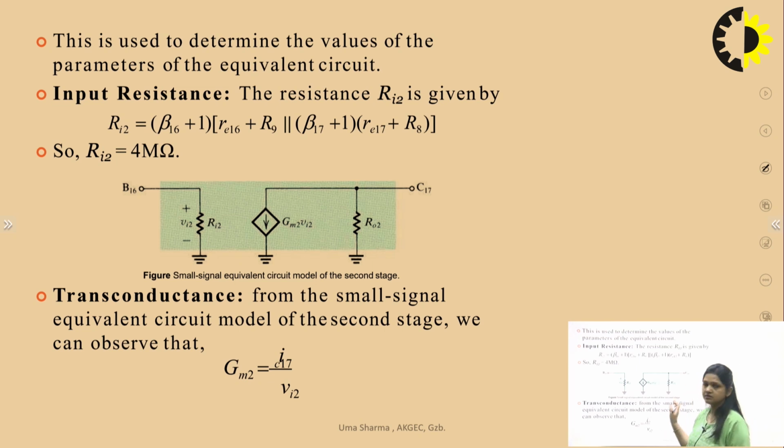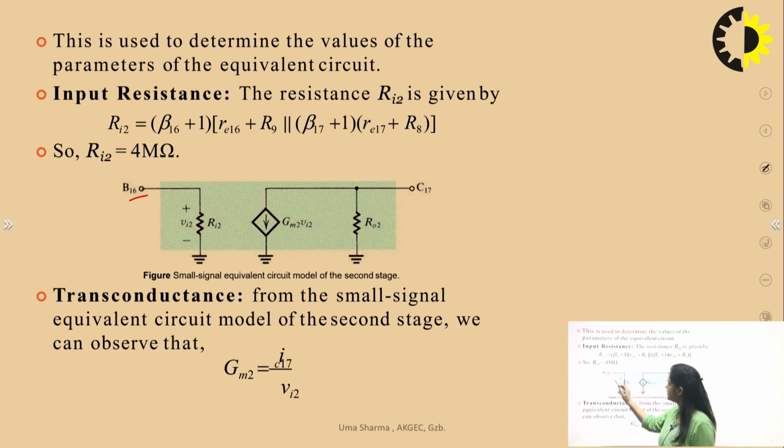We can calculate this input impedance, which is modeled in this small signal model. First let's see how this small signal model is prepared. This is the base of the Q16 transistor, which is connected earlier with the collector of Q6. Input is given at the base of Q16 and the value of input is represented as Vi2.